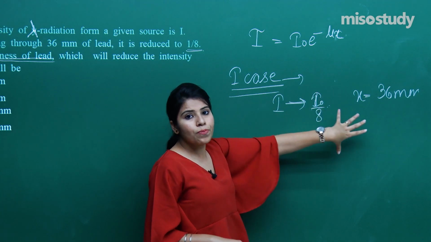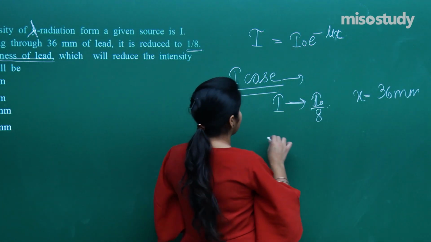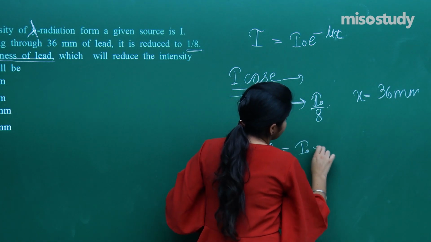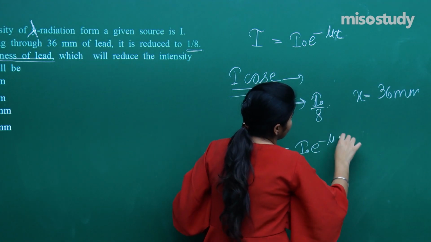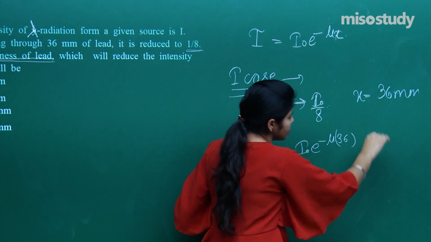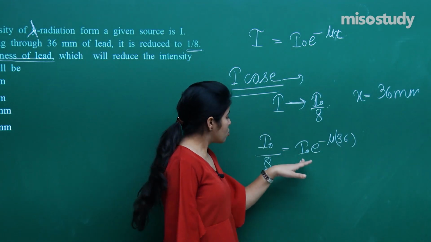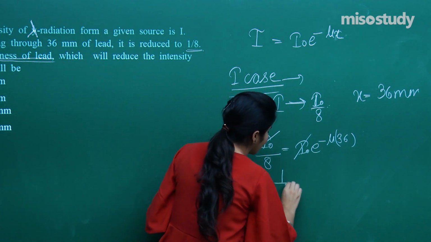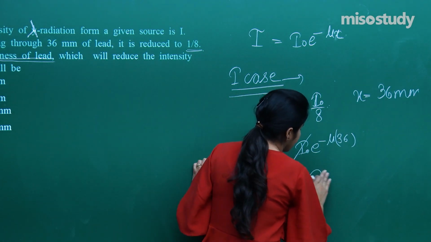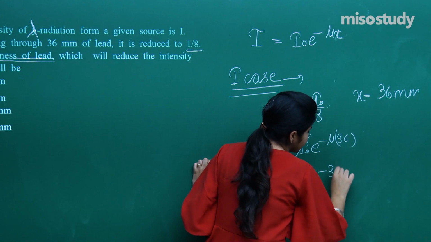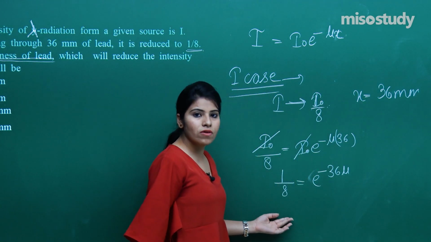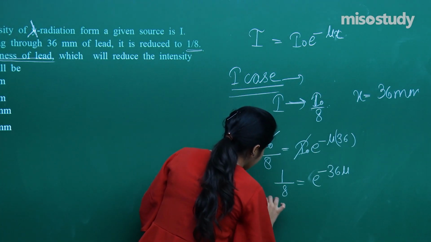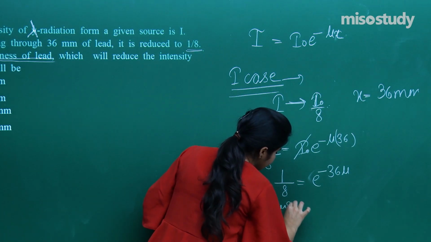So if I put these values into the formula, I naught by 8 equals I naught e raised to the power minus mu of 36, isn't it? Now from here you can see I naught has been cancelled. You have 1/8 equals e raised to the power minus 36 mu. How can you solve it now? You can take log on both sides.